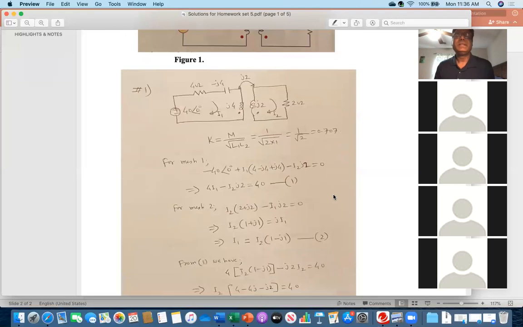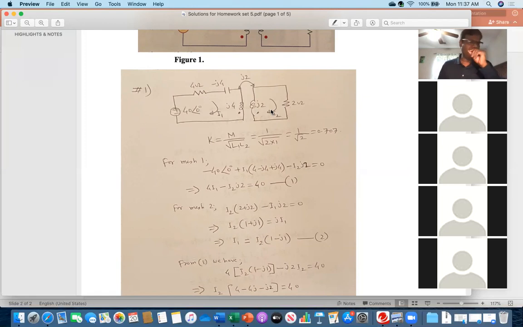Now you have to first find the currents I1 and I2, and then you can calculate the total stored energy. Everybody see, for the left side mesh, mesh 1, see the equation. The source goes minus to plus, so minus 40 at an angle 0. Then I1 covers this 4 ohm, minus j4, plus j4, that I have written. But on the left side mesh, the current is leaving the dot, while on the right side mesh, current I2 is entering the dot.